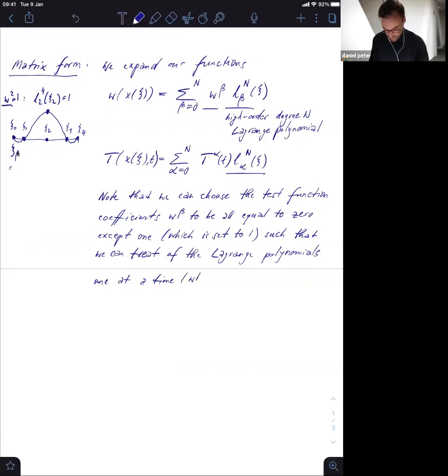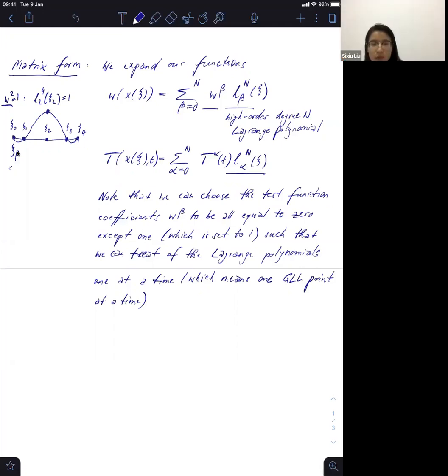So here this basically means we are considering one GLL point at a time. Does that make sense? So in this way, W will equal to 1 only, right? W2 is equal to 1, yes. So we only set one coefficient to 1 and all the others will be 0.